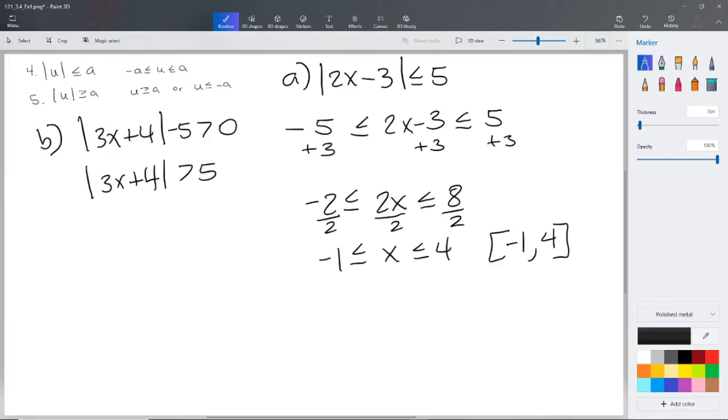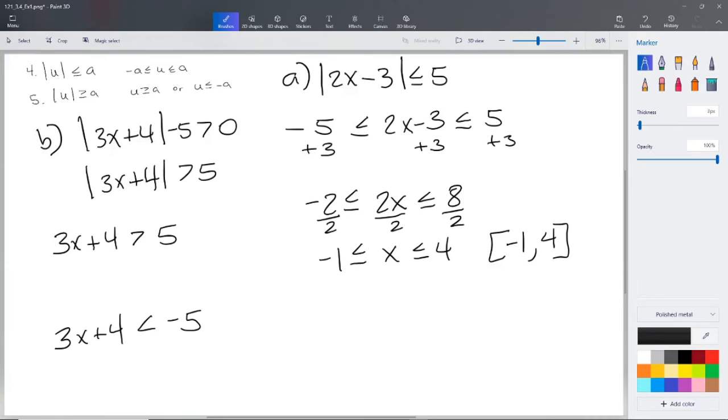So the rule says what's in the absolute value by itself is 3x plus 4, and our symbol stays the same, greater than 5. That's going to be one thing we're going to solve. And then the other thing is 3x plus 4. Again, what's in the absolute value didn't change, but our inequality symbol does. And the value next to that inequality symbol also changes. So we change the inequality symbol and we make this a negative 5.